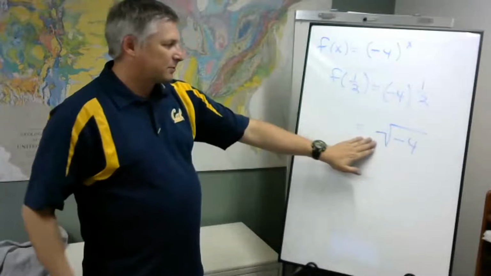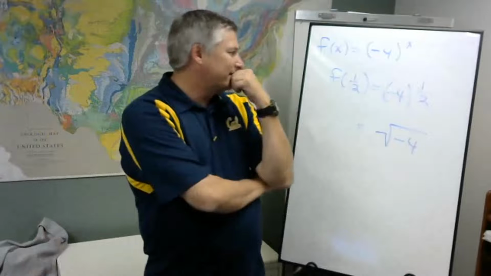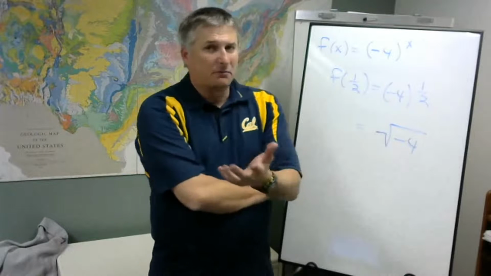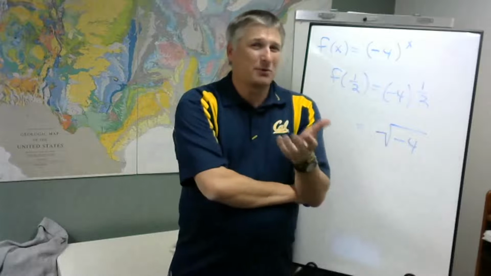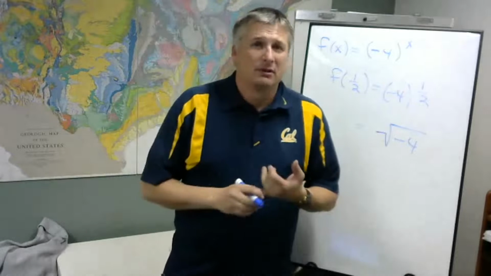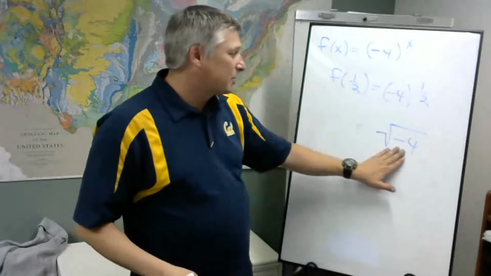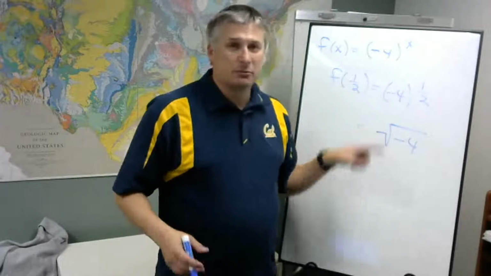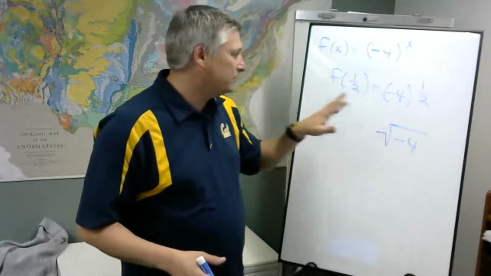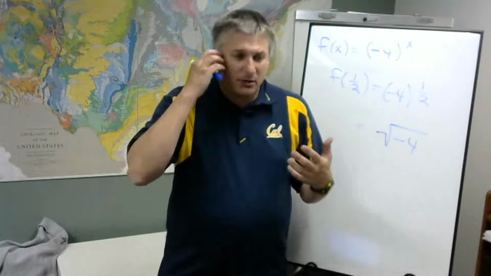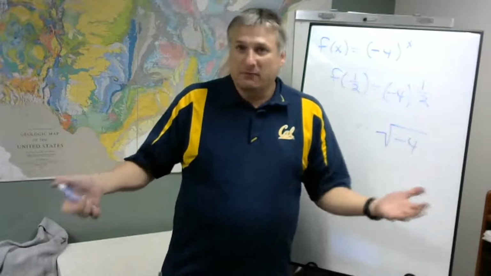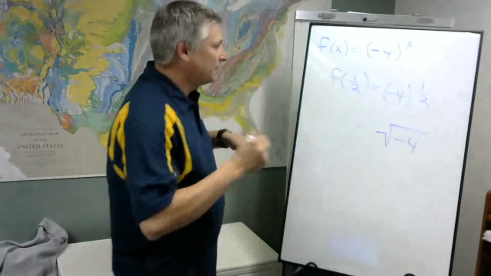If you go with the positive square root, what you're going to be getting here is the square root of -4. And since we're dealing with real numbers, and this is complex, we can't do this. In fact, we're going to run into this problem whenever we have an even root somehow coming out of our exponent. It could be a 4th root, 8th root, and it could be a combination like -4 to the 5/4.